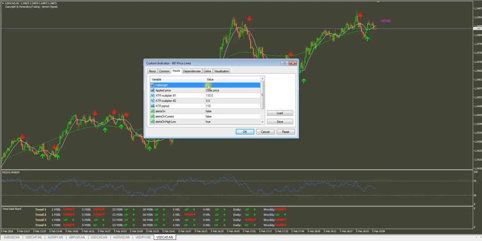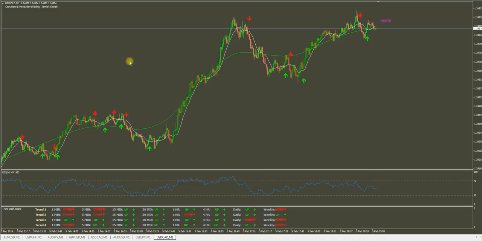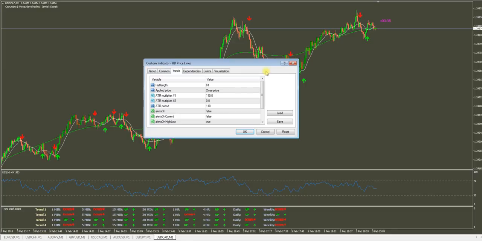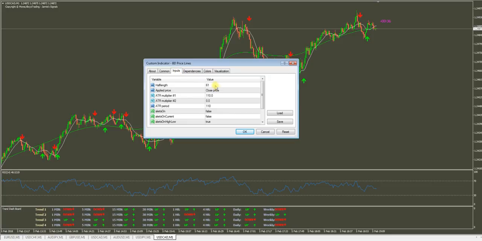You right click, indicator list, BD price lines, edit, input. Input, half length 61, applied price, close price.